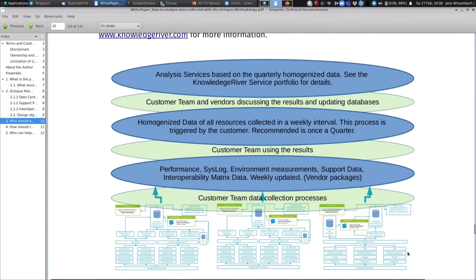So down here you have your infrastructure, you have your team collecting the data following the vendor procedures that we can have implemented with you, for you, to have a weekly update of this set of information where you have all of the interoperability metrics data, all of the support data, syslogs, environment measurements, performance data collected within every week.